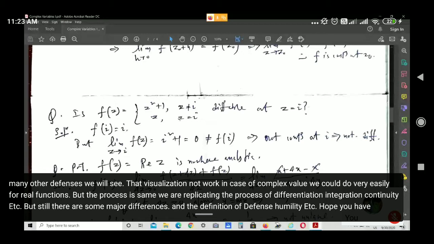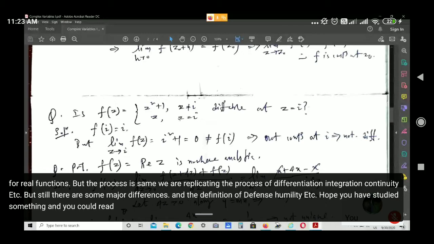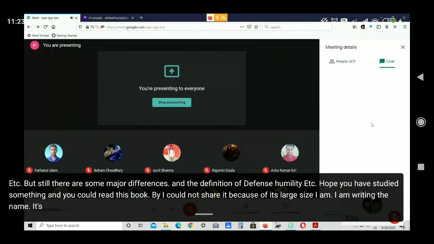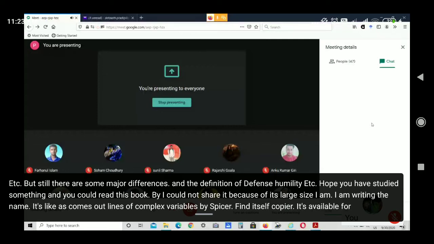Hope you have studied something and you could read this book. I could not share it because of its large size. I am writing the name. It's Schaum's Outline of Complex Variables by Spiegel. You can find it as a soft copy or it's available for purchase also.